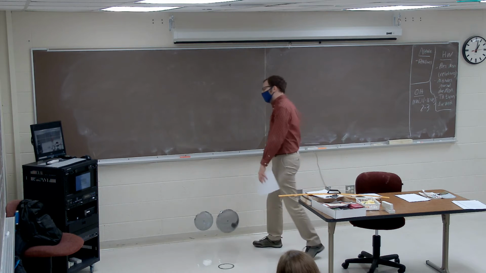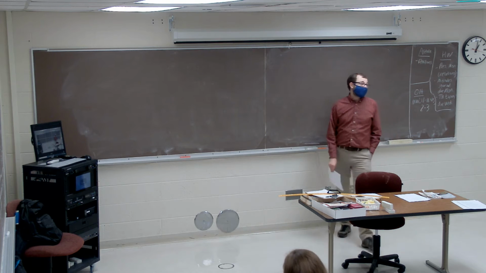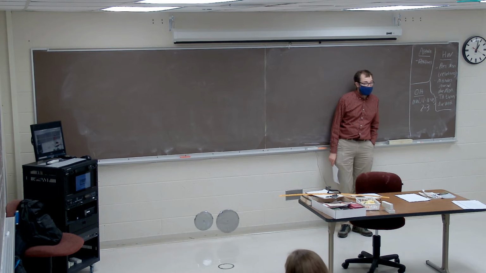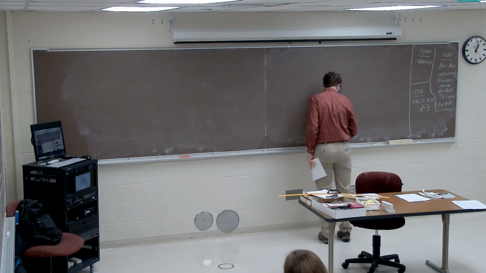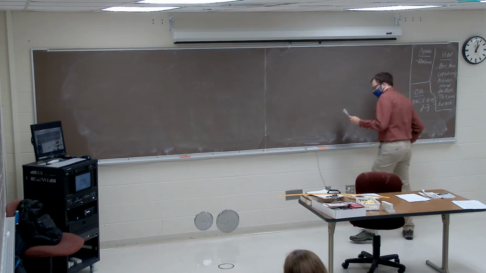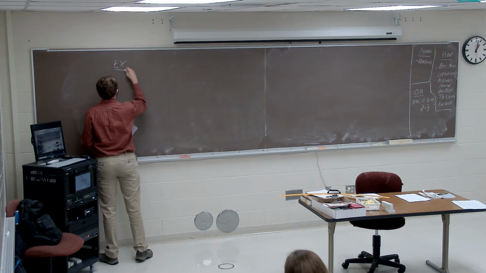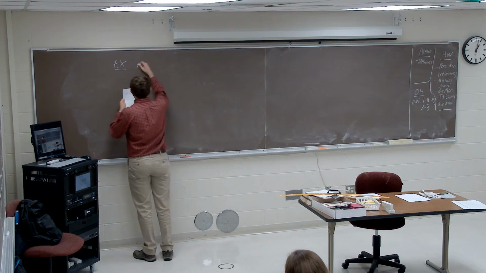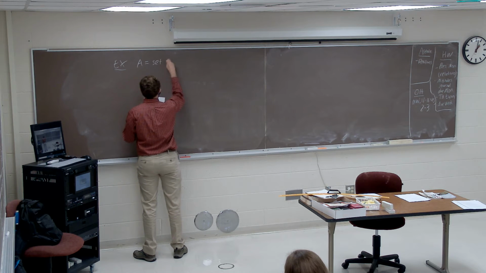So the idea behind a relation is it's a formal way of saying in math, when are two things going to be related to each other? And the idea is, let's say, as an example, we're going to let A as a set be equal to the set of all Hillsdale students.